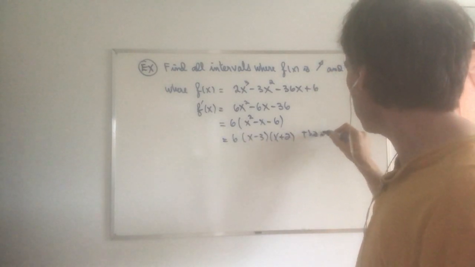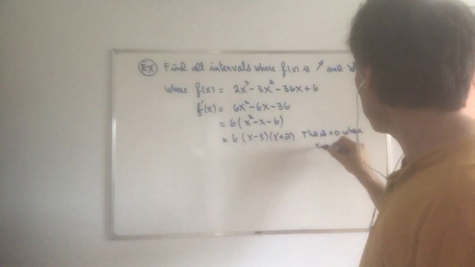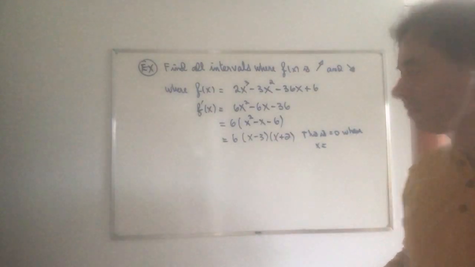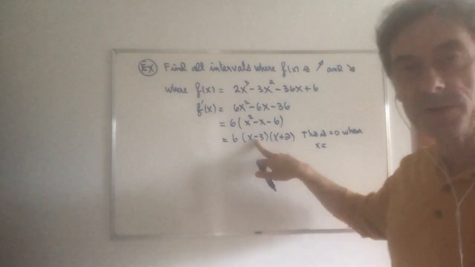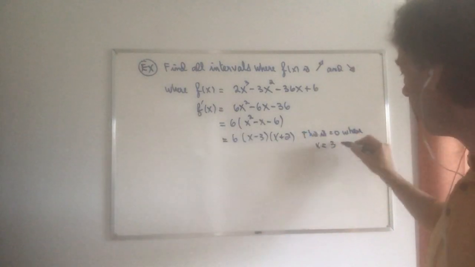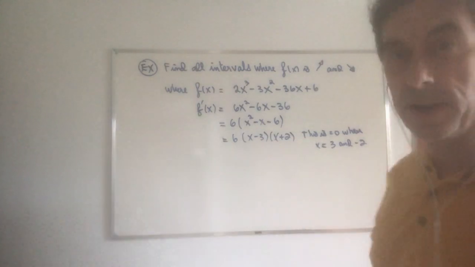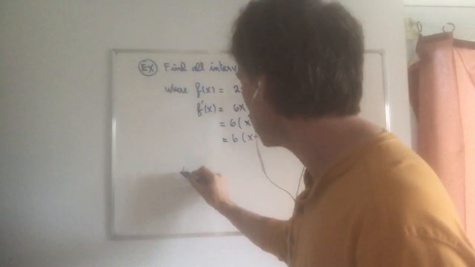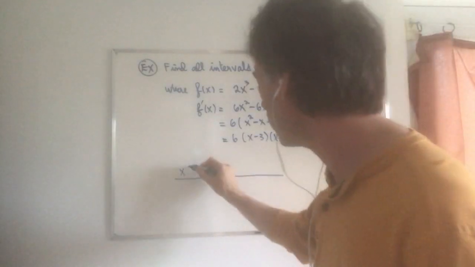This is equal to 0 when x is equal to what? Well, the 6 does not contribute, but this bracket will be 0 when x is 3, and this bracket will be 0 when x is minus 2. So let me do my table with those two numbers, and I will have what I want.